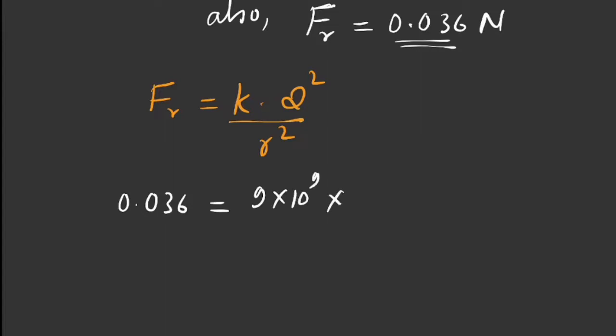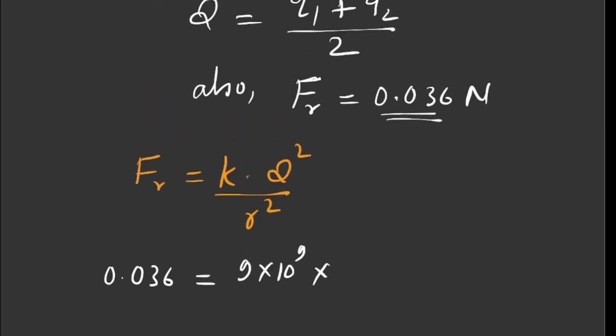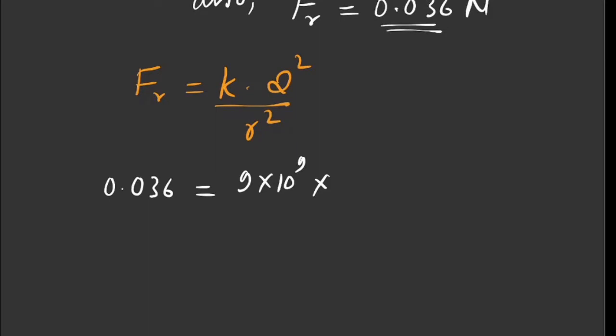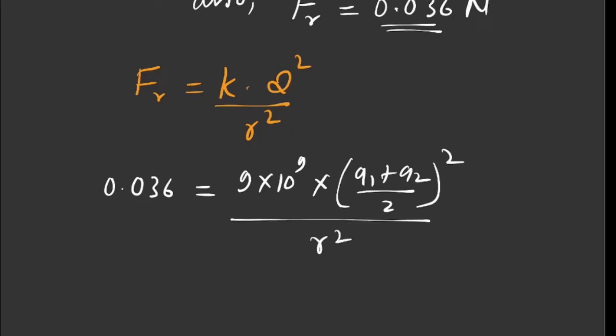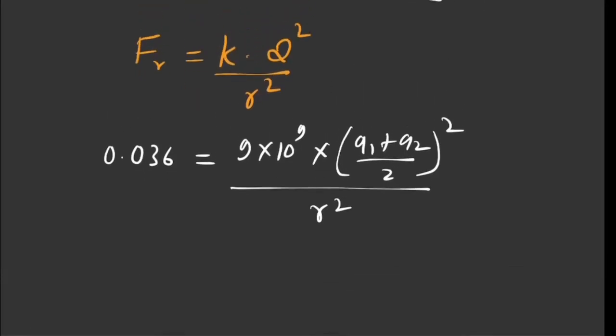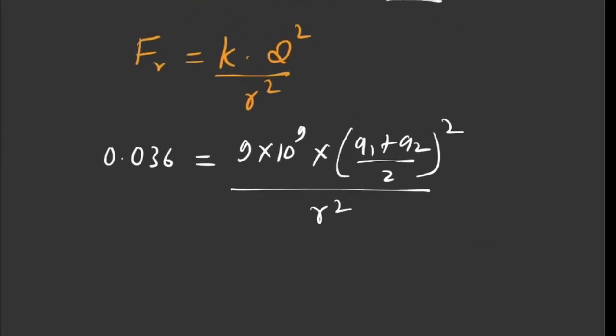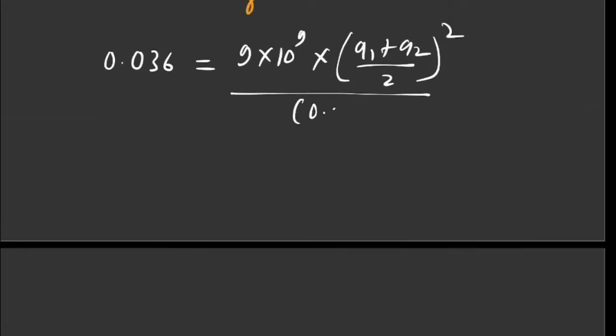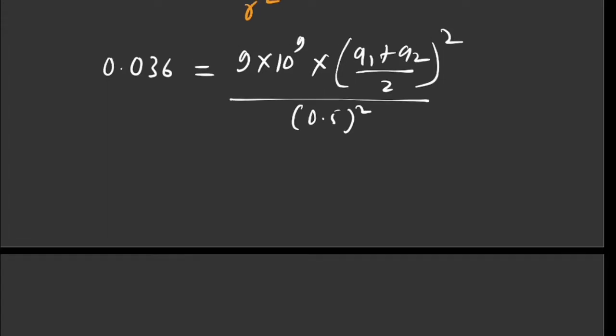Q is Q1 plus Q2 divided by 2, so (Q1 plus Q2 divided by 2) whole square, divided by R square. R is given, and the value of R is 0.5, whole square, isn't it? Now let us simplify this one.